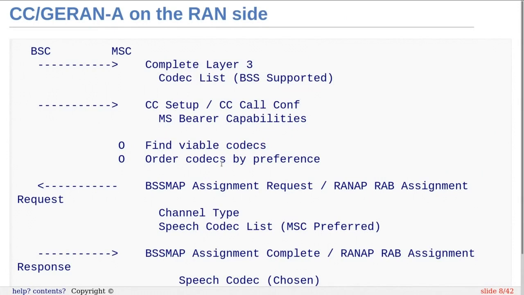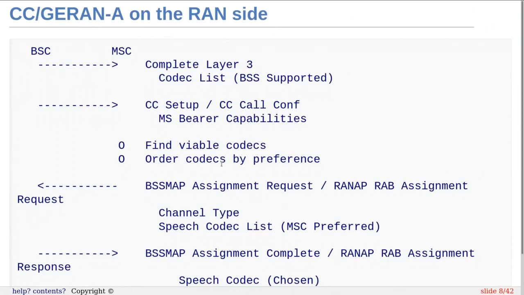That's the codecs that the BSC has configured, or it knows that the cell, the BTS, supports this and that codec, and it combines those things and tells the MSC about it. In the old days, we didn't even send this codec list from OsmoBSC, but we added that many years ago, and this list is being sent.